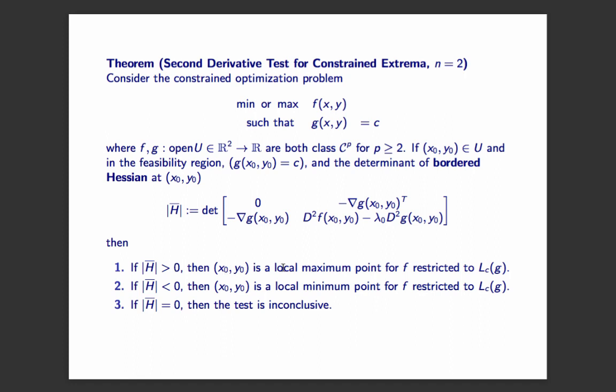In other words, x naught, y naught is a local max. And if the determinant is negative, then x naught, y naught represents a local minimum. And if the determinant is 0, well then this second derivative test would be inconclusive.